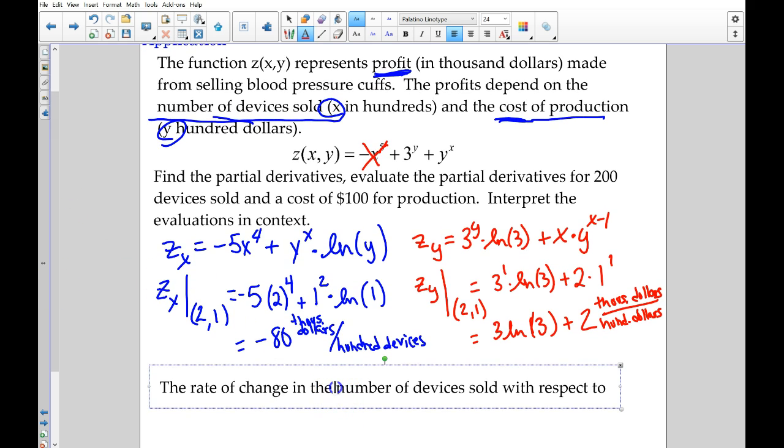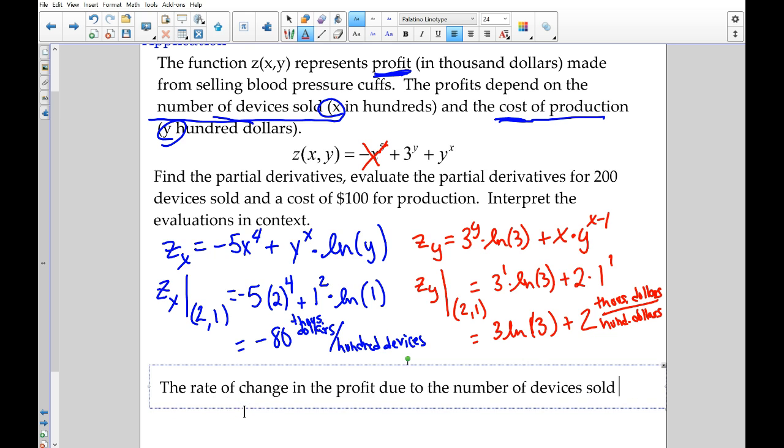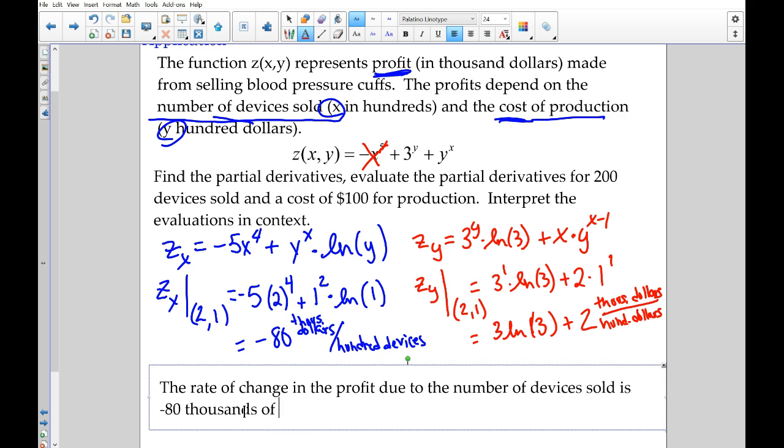The rate of change in the profit due to the number of devices sold is minus 80 thousands of dollars per 100 devices.